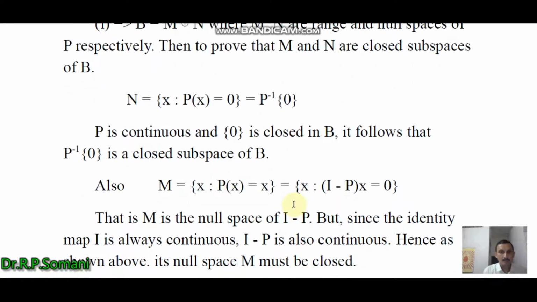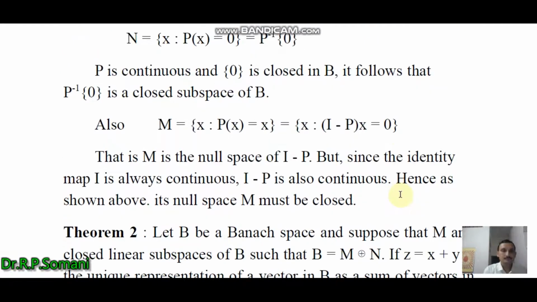And about M, M is the set of x belonging to B for which Px equals x, or we can rewrite this as x such that (I minus P)x equals 0. We have transferred x to the left hand side, so we obtain (I minus P)x equals 0, where I is the identity operator.